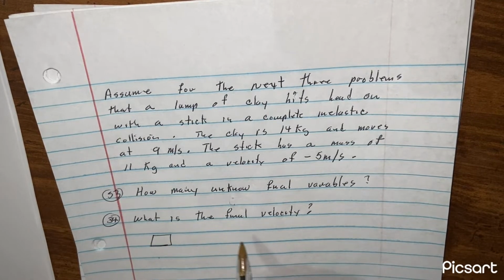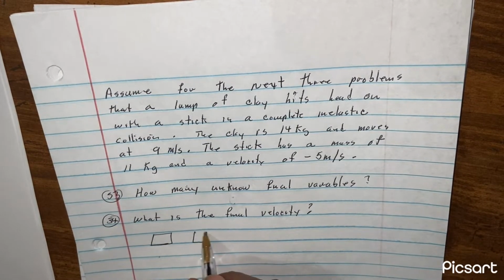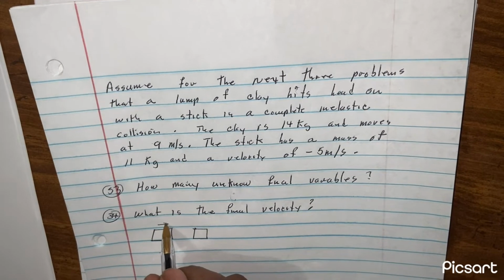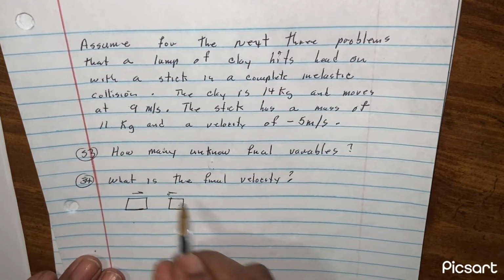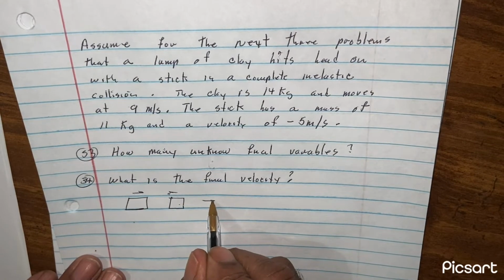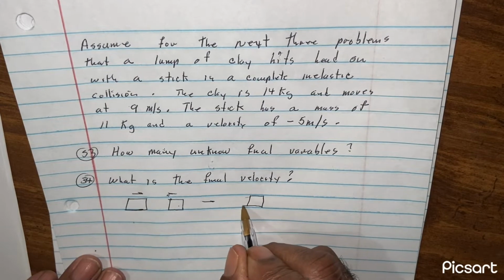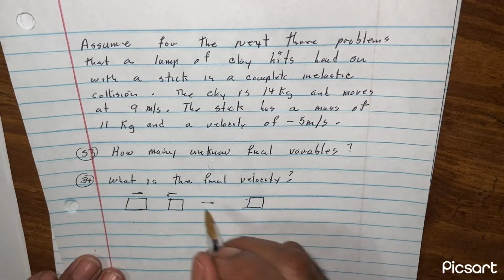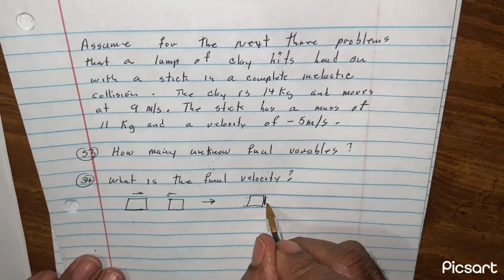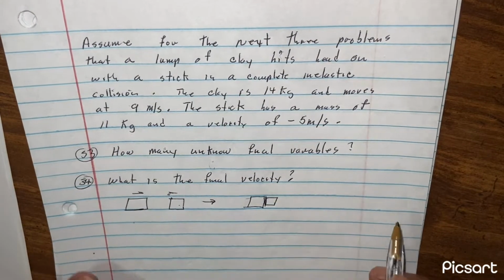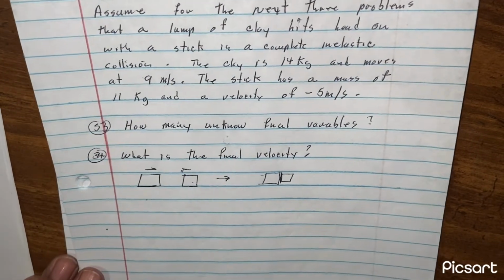And it hits head on with a stick, which is this box. And after they collide, they both move off together as one unit. And we want to know the velocity that they move off with.